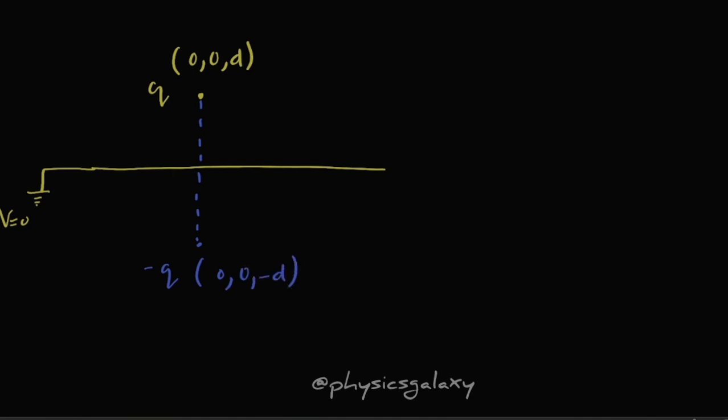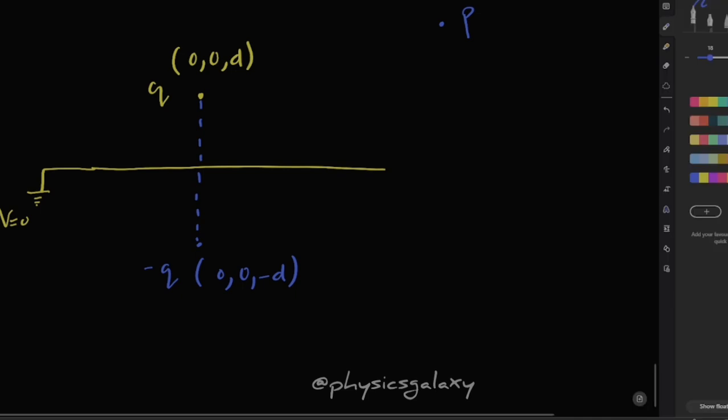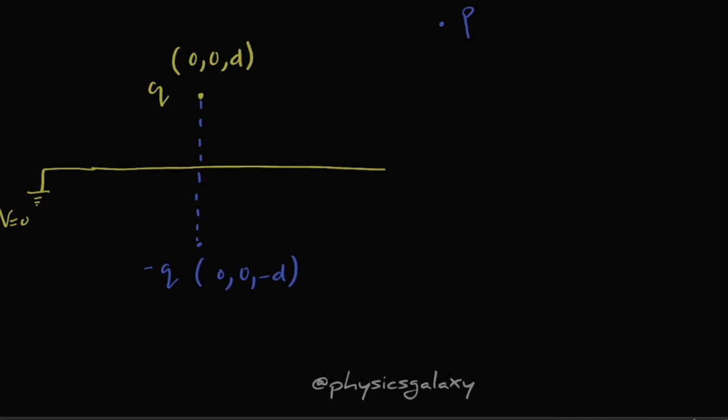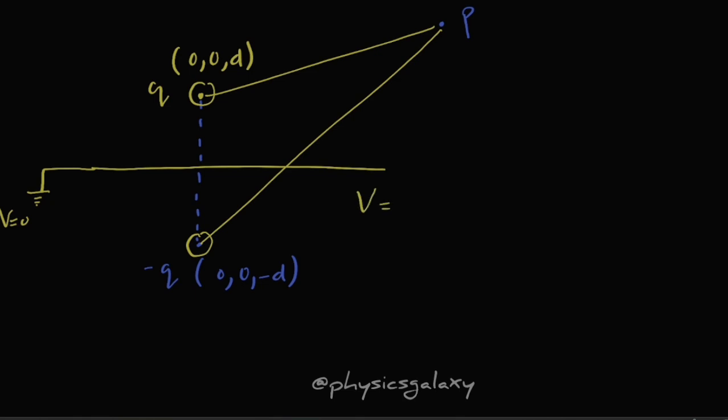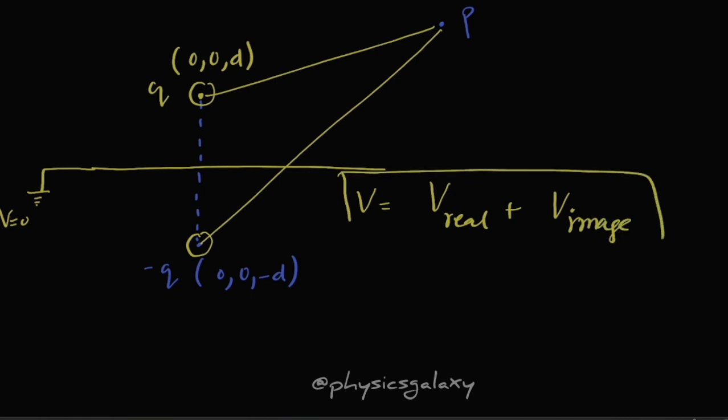If I take any point P here, to find the potential at this point, I simply find the potential due to the real charge and the potential due to the imaginary or image charge, and add them. So this is the solution.